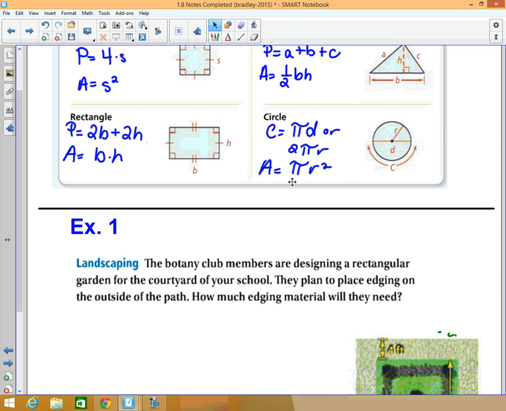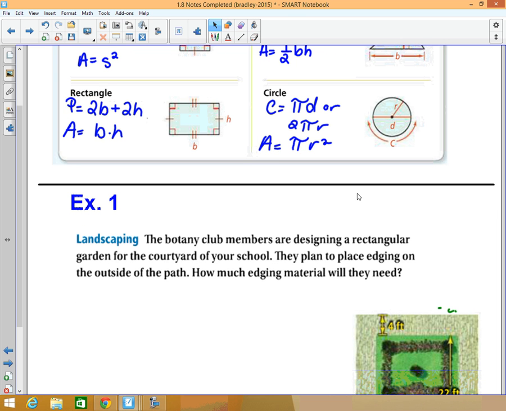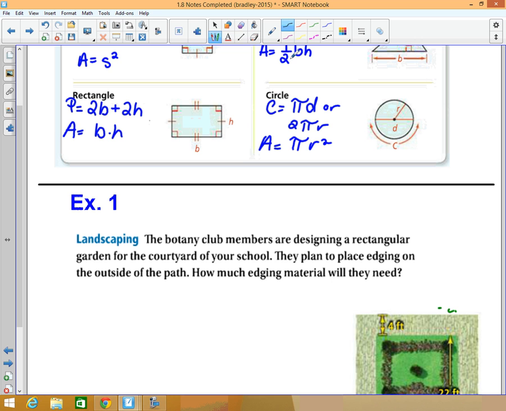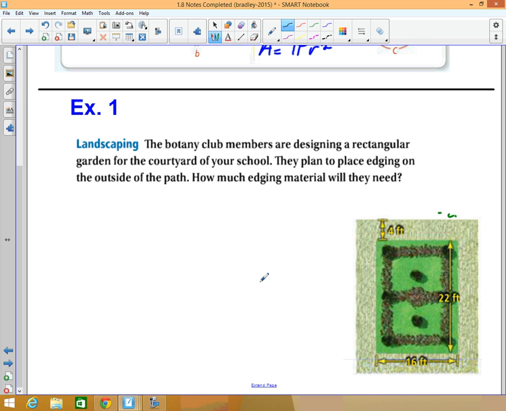And then for the area, we're going to use pi times r squared. And in case we've forgotten, remember that the diameter is equal to 2 times the radius. Okay. All right, let's try the first example.